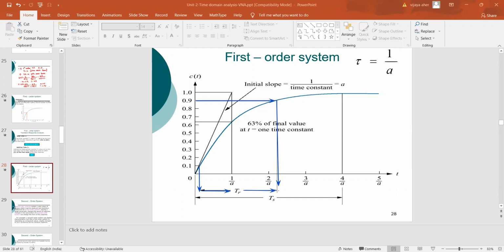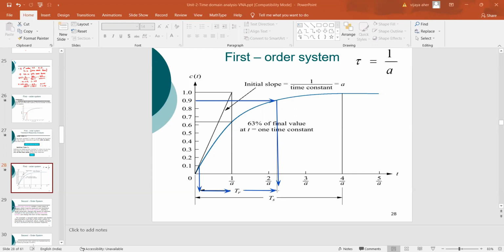Got my point? When the system's step response is rising from 10% to 90% of its final value, the time taken for your response to reach from 10% to 90% of final value is nothing but rise time.